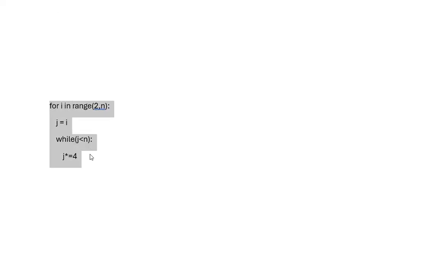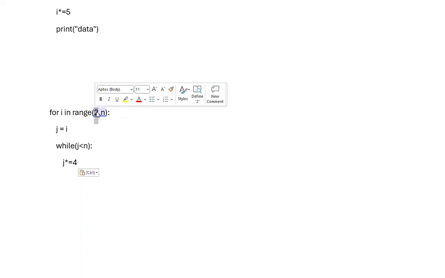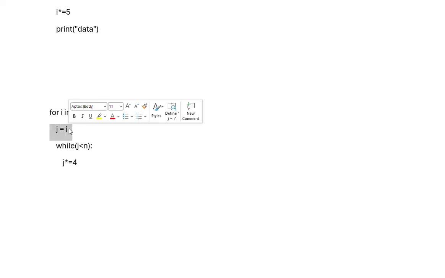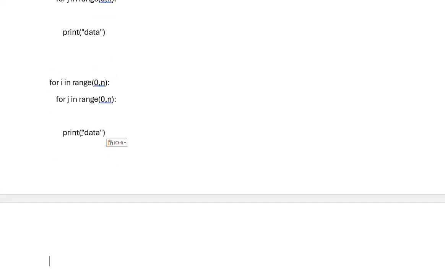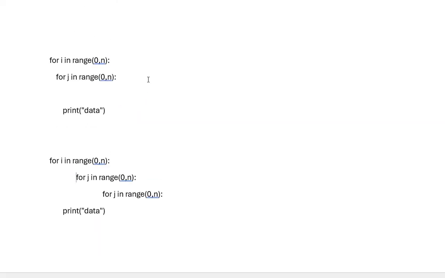Let's say that, I'll copy this and we'll rework it a little bit here. So let's look at these code snippets.